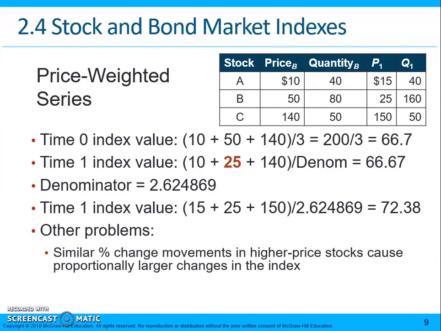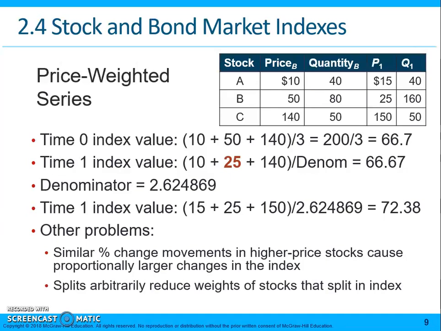The price of a larger stock has a significantly greater impact. We see this in the Dow Jones Industrial Average. That's the reason the Dow is much more volatile than the S&P 500.